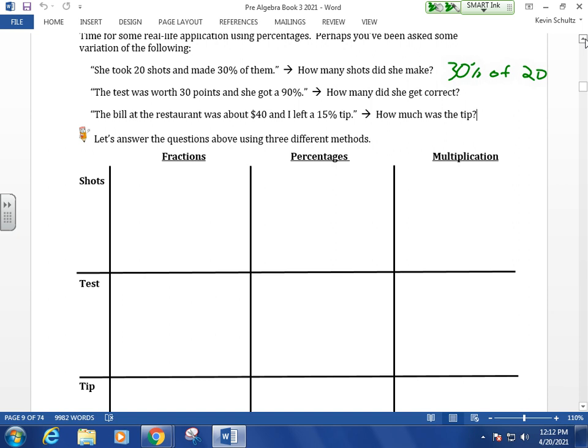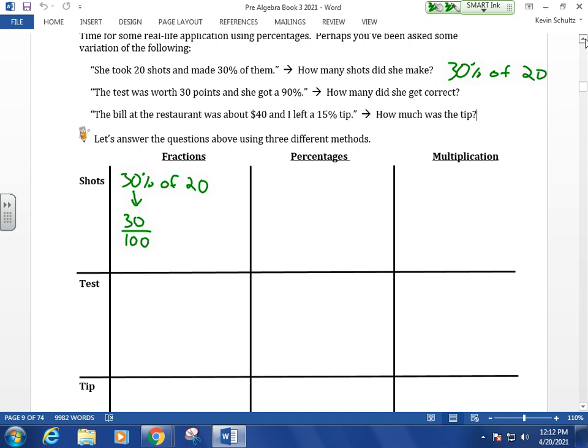If we want to find out what 30% of 20 is, using our knowledge of converting a percentage to a fraction is going to be helpful. Because what is 30% as a fraction? Well, 30%, 30 out of 100, 30 hundredths.